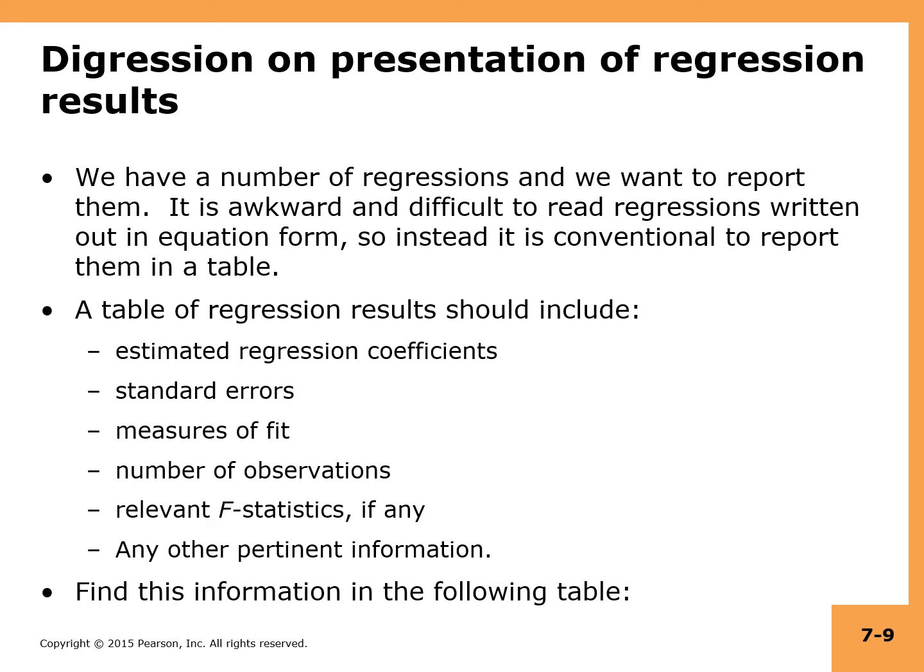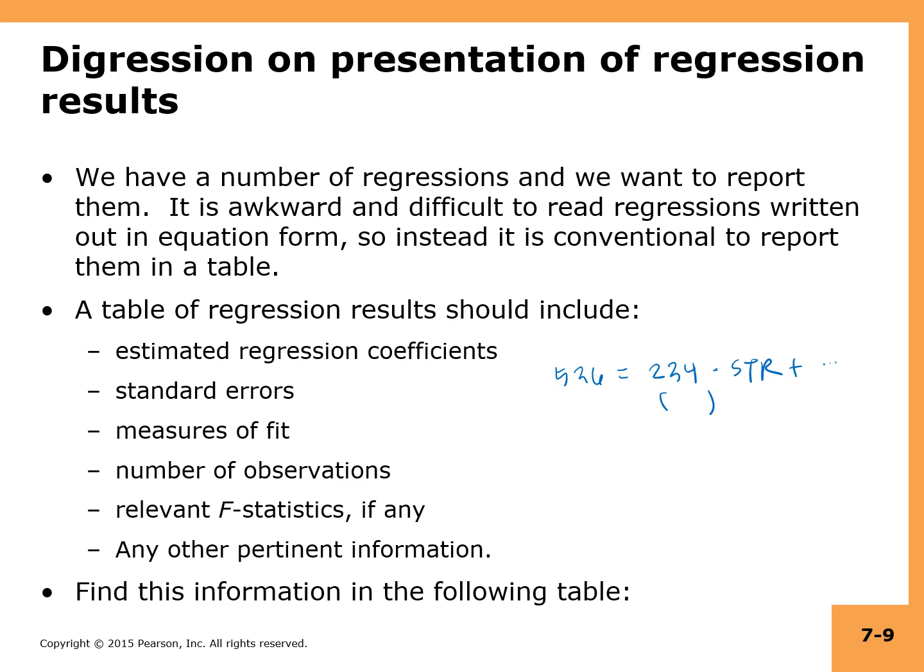So once you have estimated the regression models, what would be the best way to present the information? In previous lectures, we have presented the regression results in an equation form, where we wrote the coefficients. For instance, 536 minus 2.34 times student-teacher ratio, with the standard error in parentheses underneath.